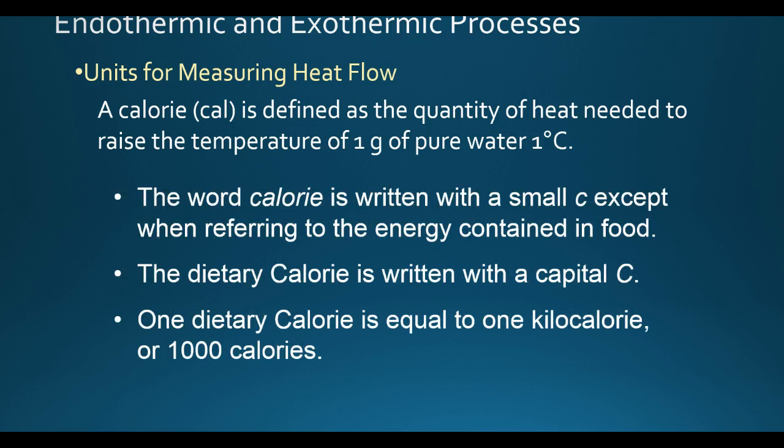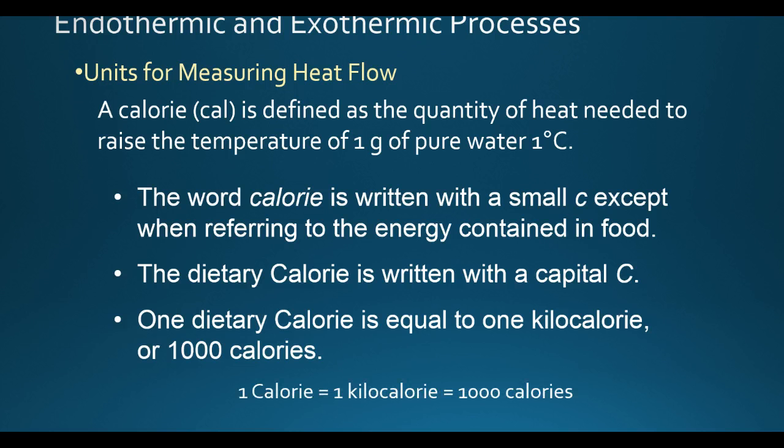Now, the word calorie is written with a small c, except when you're referring to the energy that is contained in food. The dietary calorie is written with a capital C. So the heat energy calorie is lowercase c, and the dietary calorie is capital C. 1 dietary calorie is equal to 1 kilocalorie, or 1,000 calories, heat calories, energy calories.